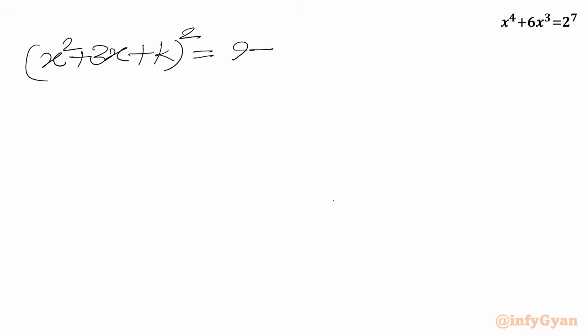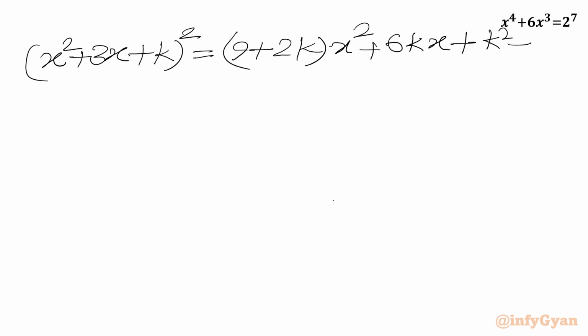Now we will write our equation: x square plus 3x plus k whole square equal to 9 plus 2k times x square plus 6kx plus k square plus 128. Now we are going to plug in k equal to minus 4.